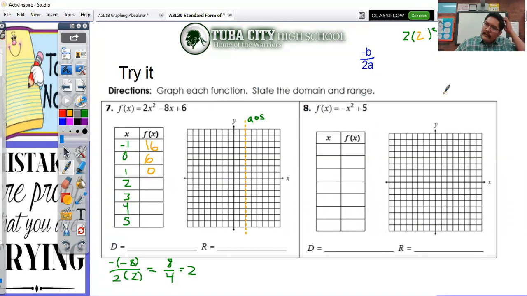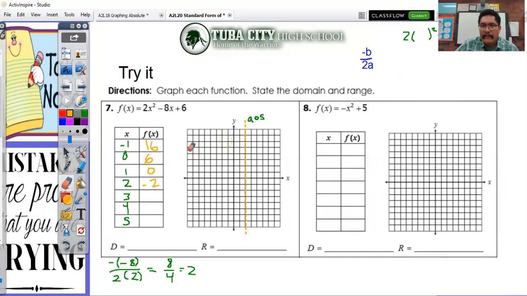So 2 squared is going to be 4, and 4 times 2 is going to be 8. -8 times 2 is going to be -16 plus 6. And put all those together and you get -2. All right, and then moving on to the next one.